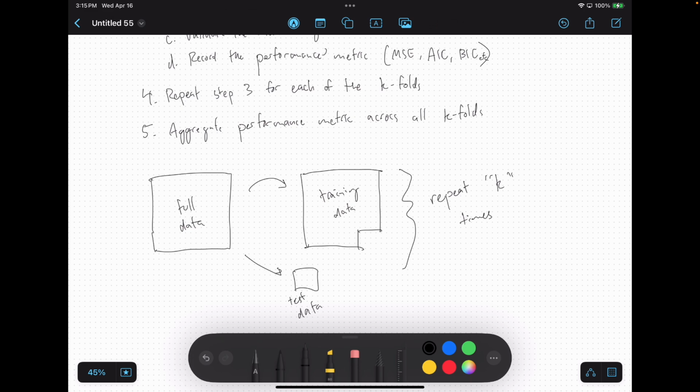The question you might have is, if I run this model against just x1, or just x2, or just x3, or x1 and x2, or x2 and x3, or x1 and x3, or x1, x2, and x3, how many is that? 7, there's 7. So you could do this process for all 7 of them.